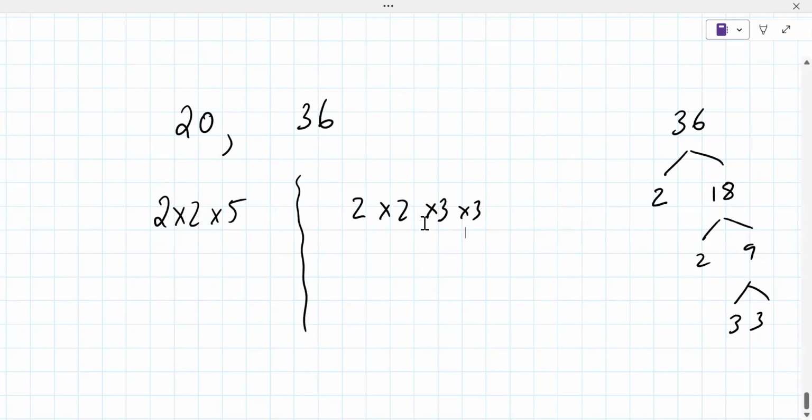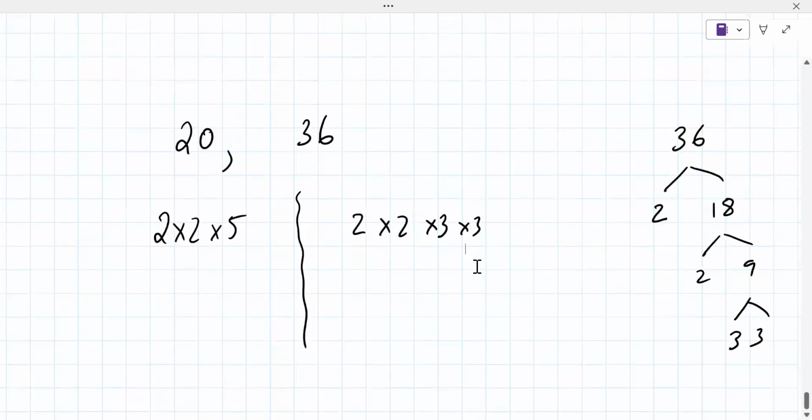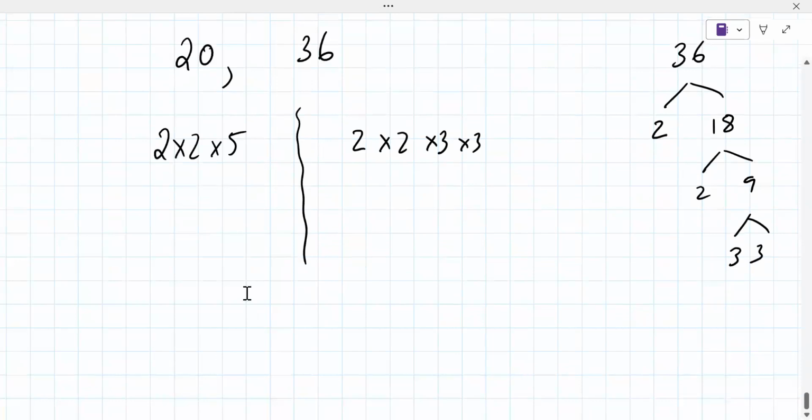Okay. So what you had was right. You said 3 times 3 times 2 times 2. That's right, but it's going to be easier to figure out your greatest common factor doing it that way. So what is the greatest common factor? Hold on. What do they both have? 2 times 2 times 2.